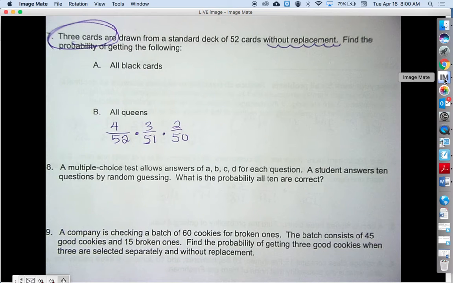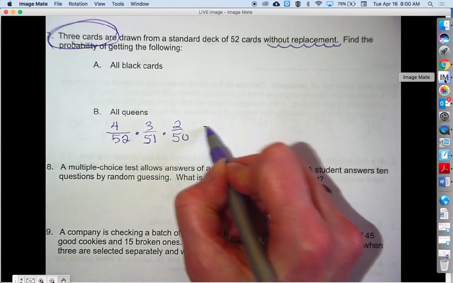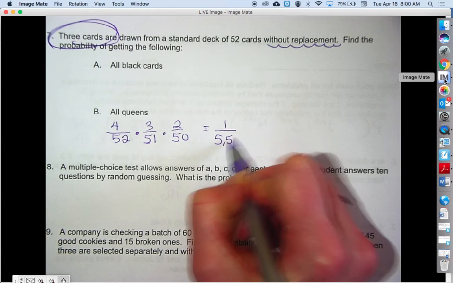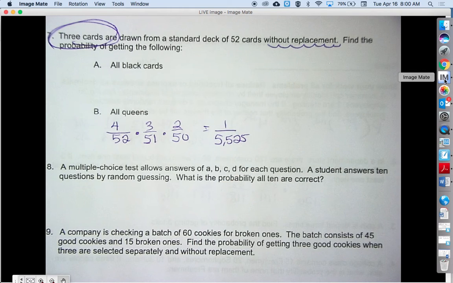So 4 out of 52, 3 out of 51, 2 out of 50. That reduces to 1 over 5,525. So there's 3 cards that I'm choosing, but there are actually 4 queens in the deck. So the first number represents the number of cards you're taking out, so the number of probabilities that you're doing.